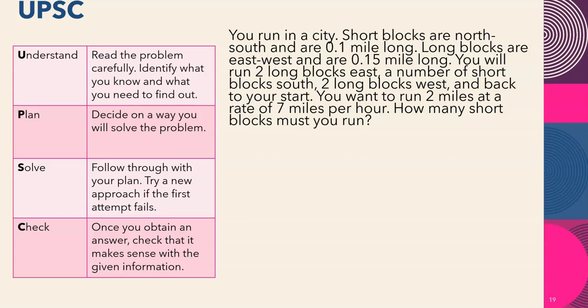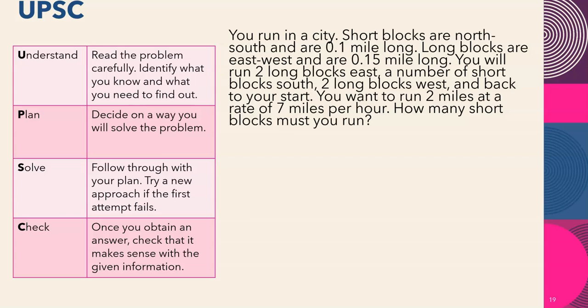We have to learn to understand that problem. So first of all, what do we know? We know the length of each size of block. That's one thing we know. We also know the number of long blocks we're going to run. And we know the total distance we want to run. Then we've got to find out, what do we want to know?